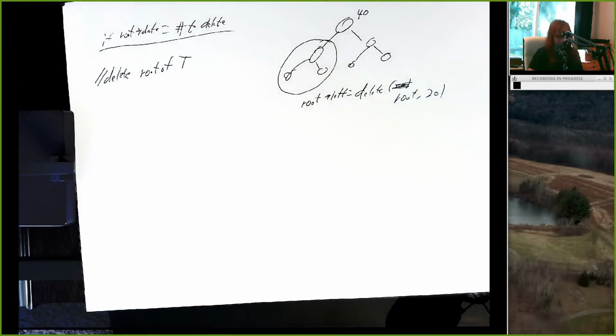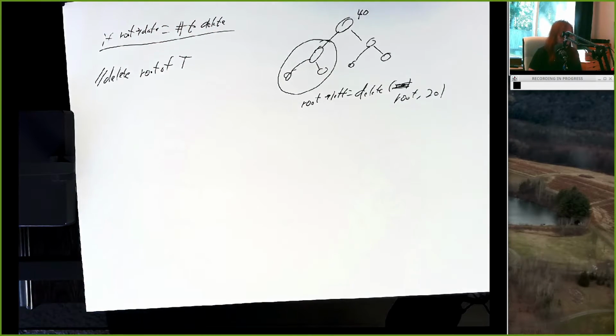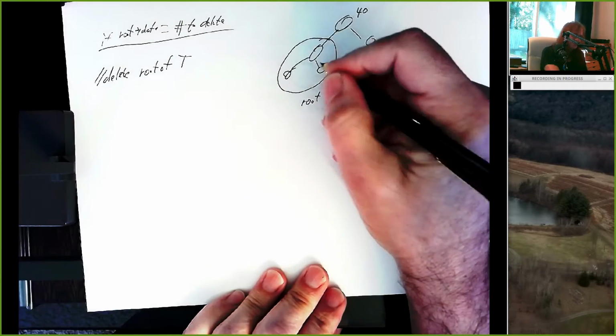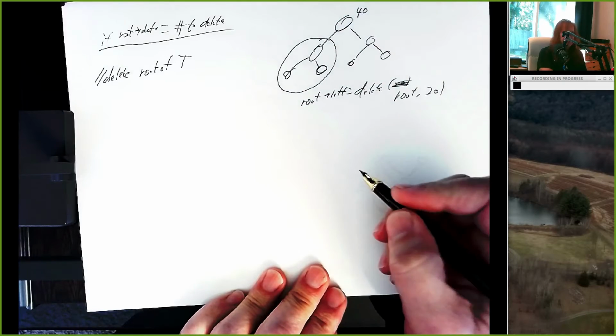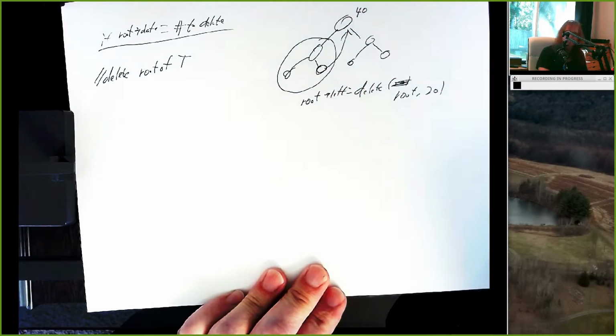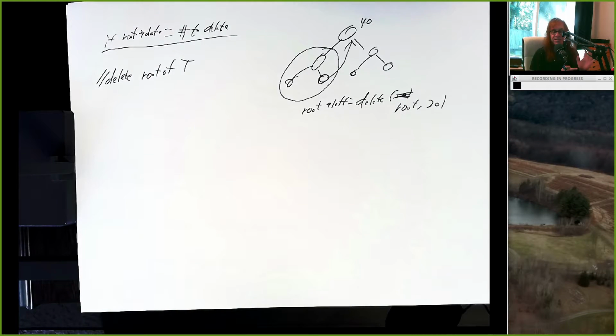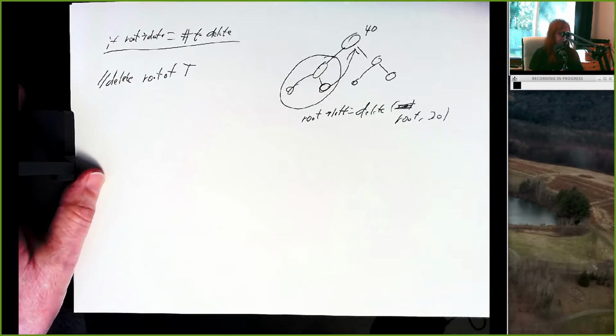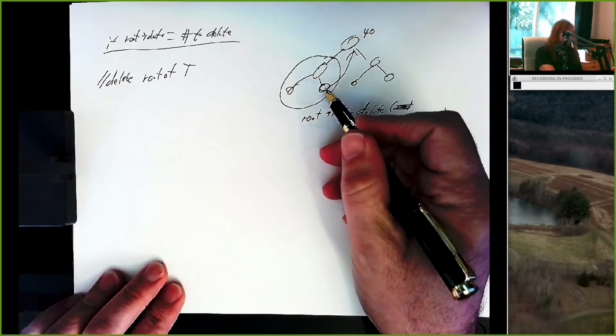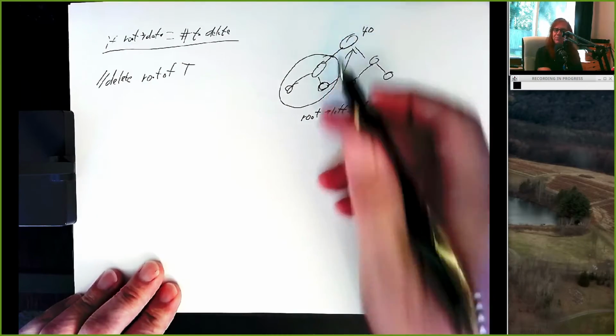So delete the root of t. The algorithm we're using is find the largest node in the left subtree and make that the new root. That's the one sentence description of the algorithm. And everything else is special cases and details. So our goal: find the largest thing in the left subtree, move that to the root.